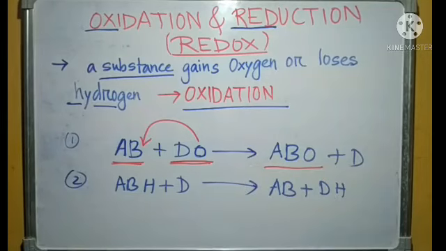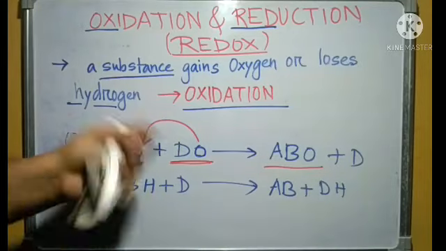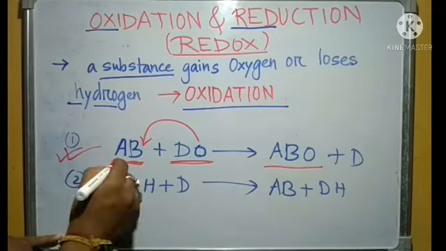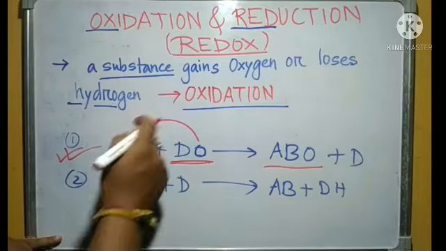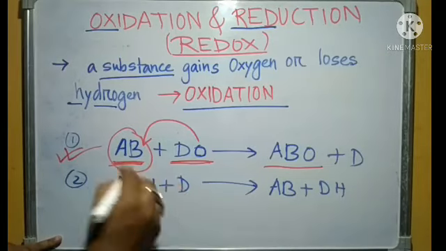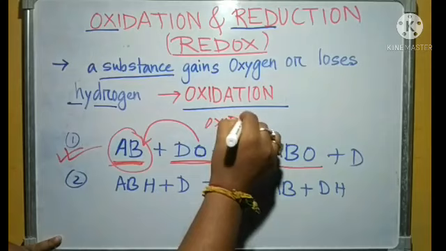In this condition we see that this is an oxidation reaction. Why an oxidation reaction? Because one of the reactants is gaining an extra oxygen atom. Since this reactant AB is getting the extra oxygen atom, we say that this reactant is oxidized.